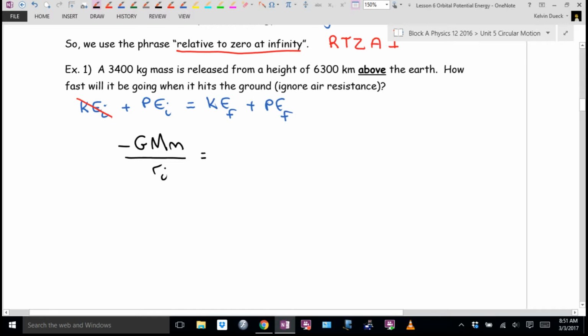So kinetic energy is still half m V final squared, plus, we're cosmic, so we cannot use mgh, negative big G, big M, little m, over R final.